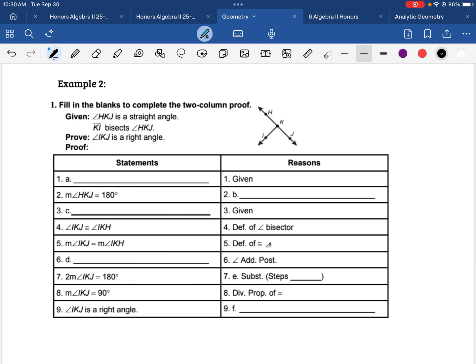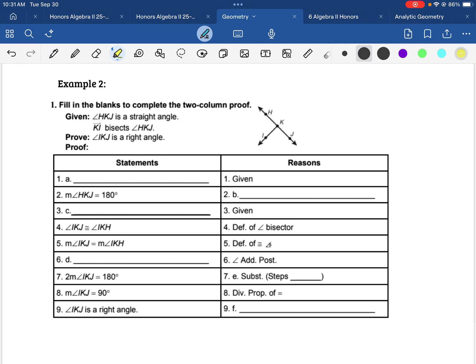On the back side, you'll see a lot of these kind of fill in the blank proofs where you're given some of the pieces and you have to figure out what either the reason is or what your statement is that goes with that reason. Okay, so example 2, we are given that angle HKJ is a straight angle.